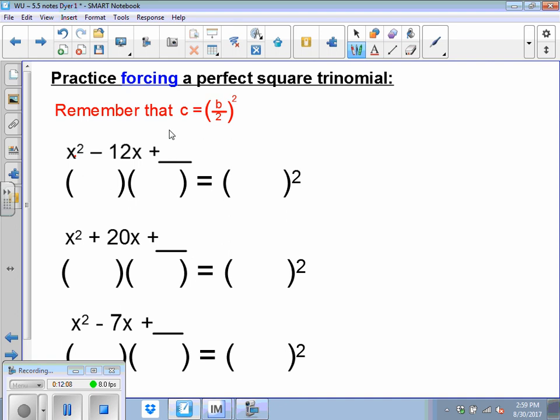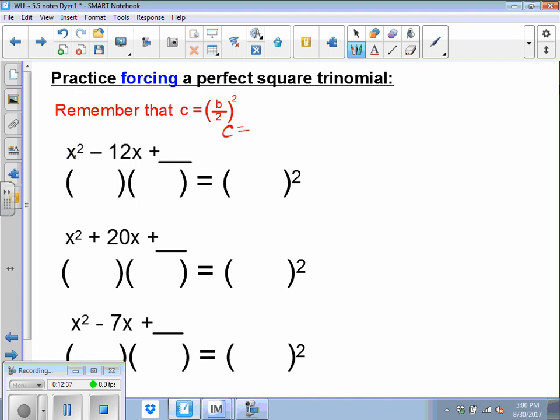So what is b in that first problem? -12, right? So we said c is equal to b divided by 2, and then you square it. So c is equal to, now, do we need to put -12 divided by 2? Does it matter? No, why not? Because it's in parentheses, but what are we going to do to it after that?